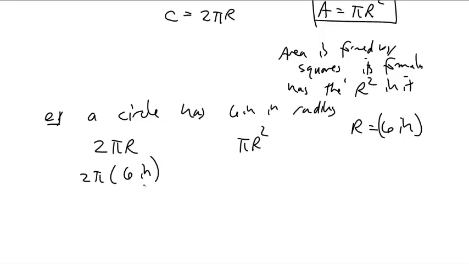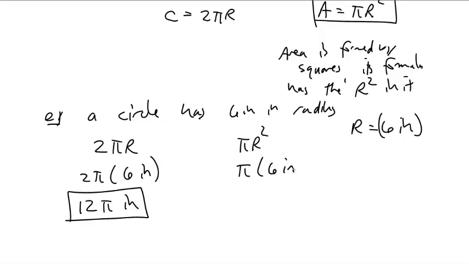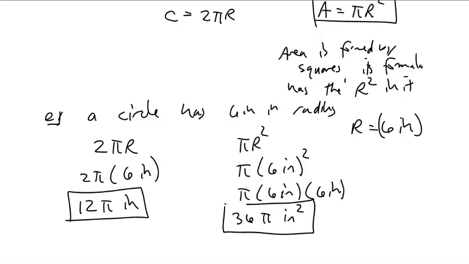You multiply 6 times 2 to get 12 pi inches. And over here you get pi times 6 inches, the whole thing squared. That means pi times 6 inches times 6 inches, right? Squaring something is multiplying it by itself. So 6 times 6 is 36, times pi, inches times inches is square inches.